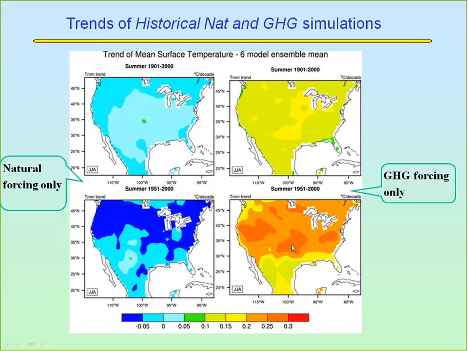On the contrary, it's causing warming in the middle of the continent, which is, I think, consistent with general beliefs, because warming is greater in the interior compared to coastal areas.